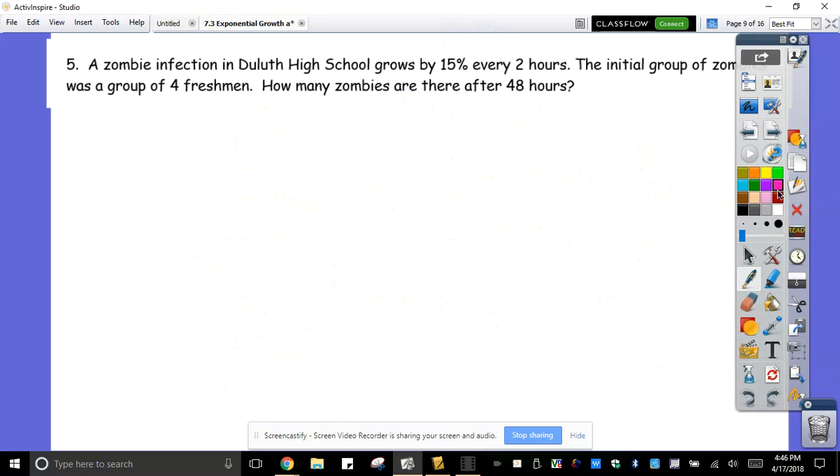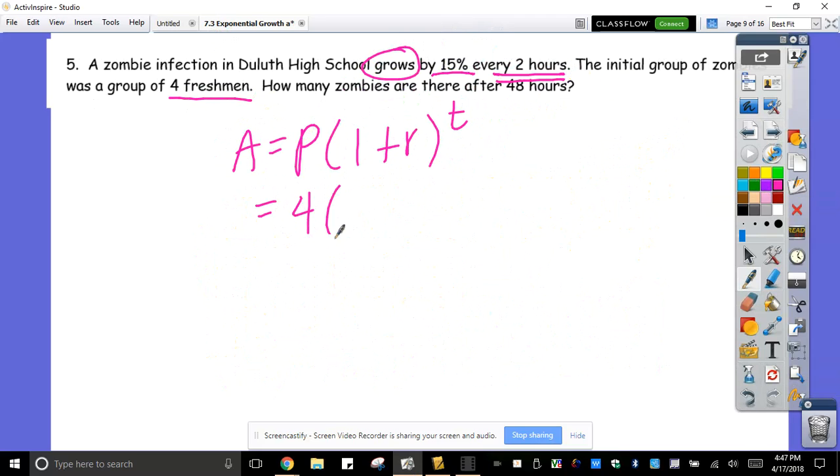A zombie infection in Duluth High School grows 15%, every 2 hours. Take note of that one. The initial group of zombies was a group of 4 freshmen. So you're starting with P, which will be 4 freshmen, times 1 plus the rate, 0.15 every 2 hours, to the T. But hold on, how many zombies are there in 48 hours?